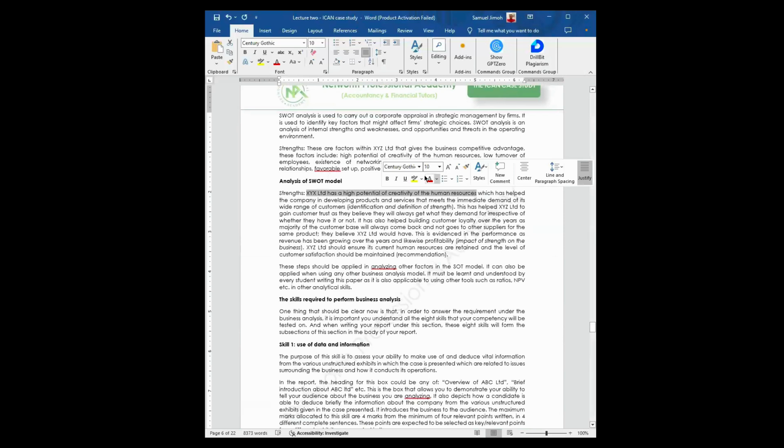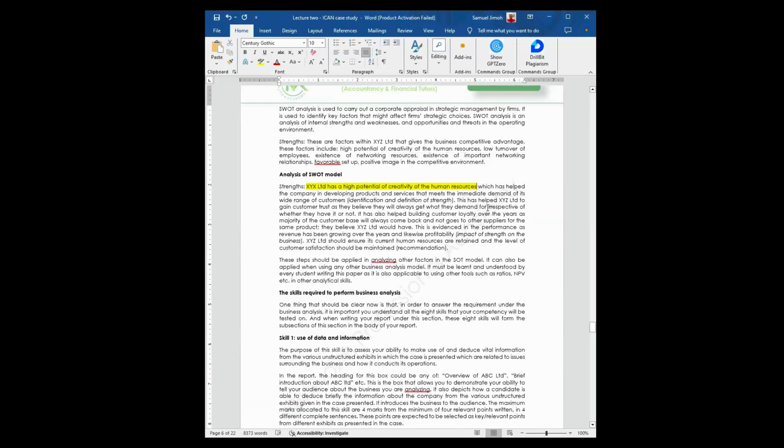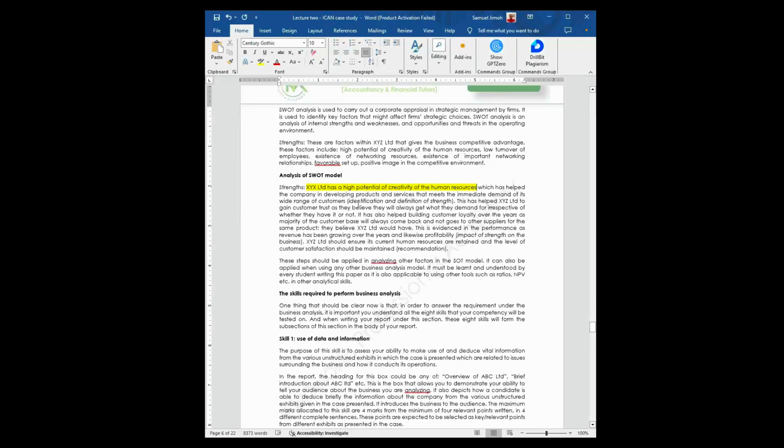Then how will this issue that you have identified impact on the business? It has helped the company in developing products and services that meet the immediate demand of its wide range of customers.